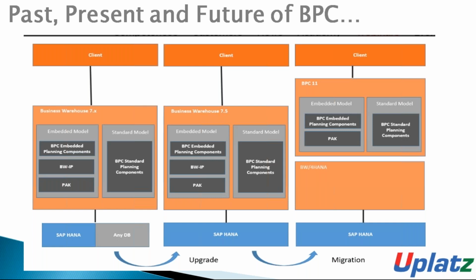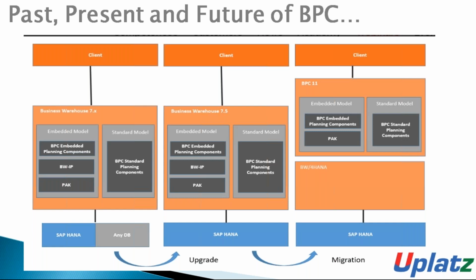So for 10.0 BPC classic version, in 10.0 there is no embedded version. In 10.0 there is only classic version. In 10.0, the BW it needs to use is 7.x, that means 7.0 or 7.1 up to 7.4.